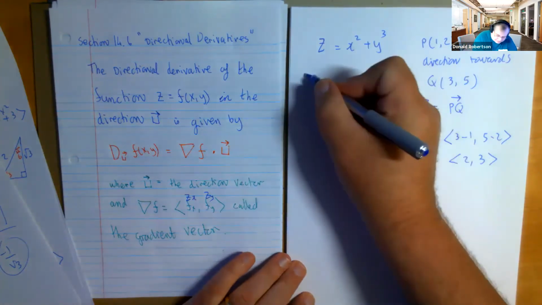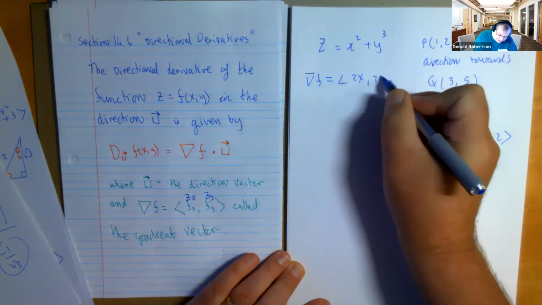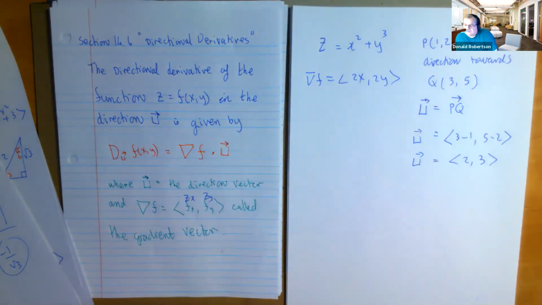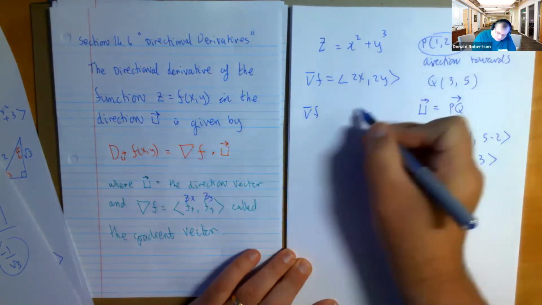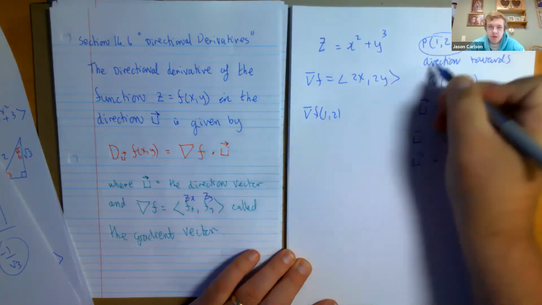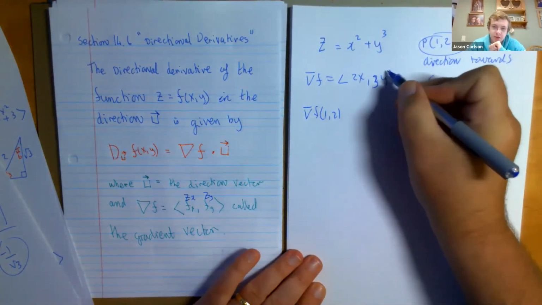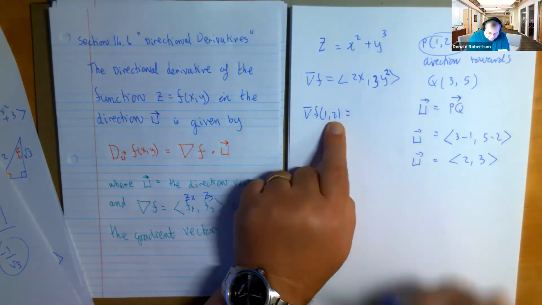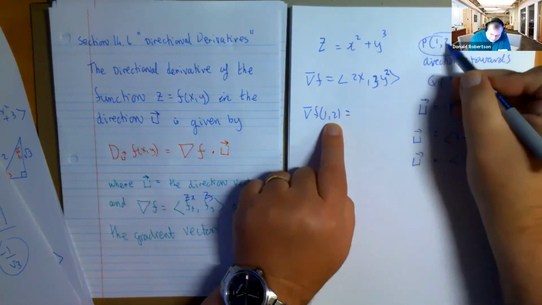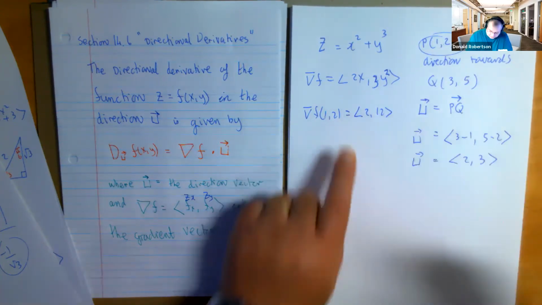Well, since I made my life easy here, would you agree there's our gradient vector? Our gradient vector at P it should be 3y squared. Keep me on track. At P, we should use this fella. It's 2, 12.